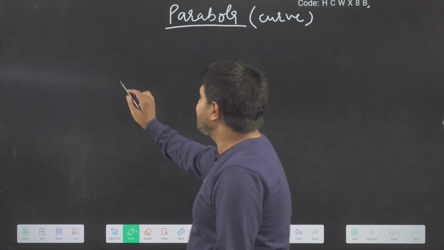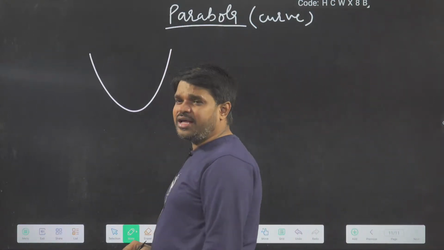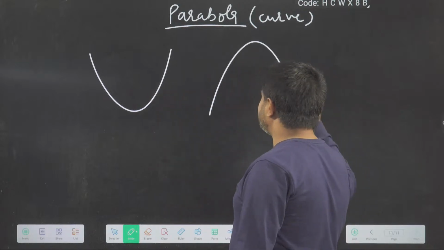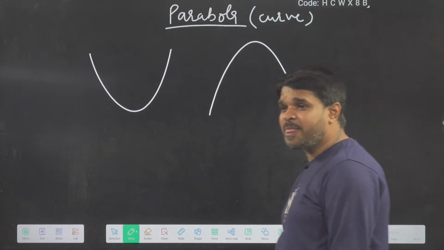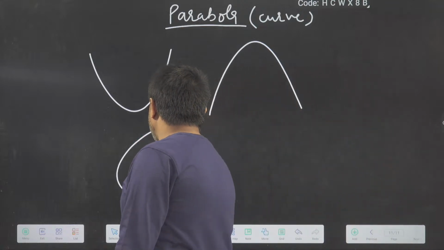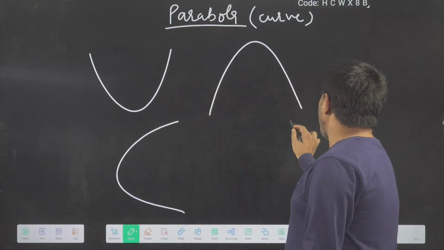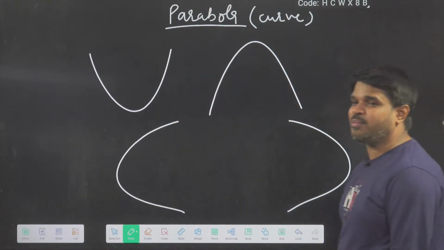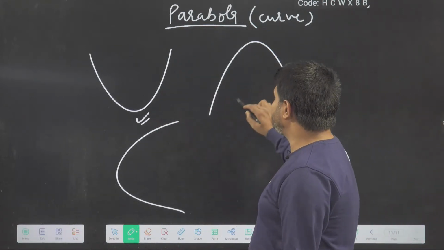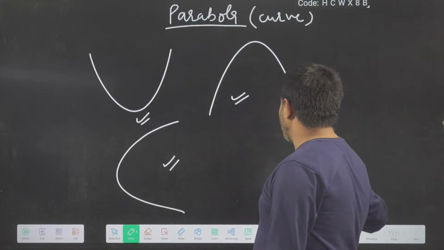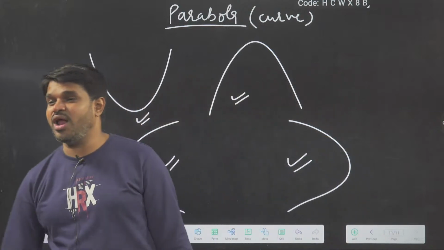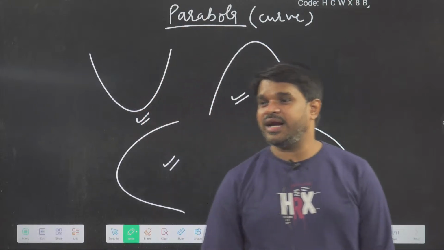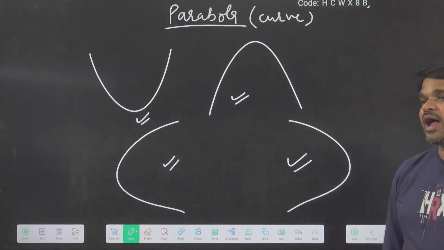A parabola can look like this, or like this, or like this. All these shapes are called parabola. This shape, this shape, this shape, this shape. What are their names? Parabola. Write it. Write it fast. Parabola.